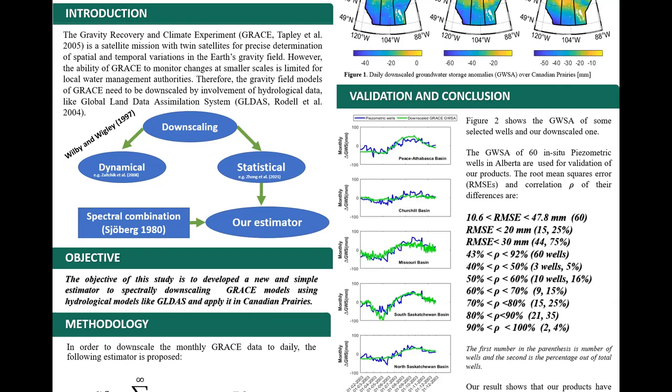For example, if we have monthly GRACE data, we add the higher frequencies in such a way that if we take the average of them, we come to the same monthly mean value for the GRACE. That's for downscaling, but we should emphasize that downscaling is not the same as interpolation. Downscaling is to add higher frequencies.